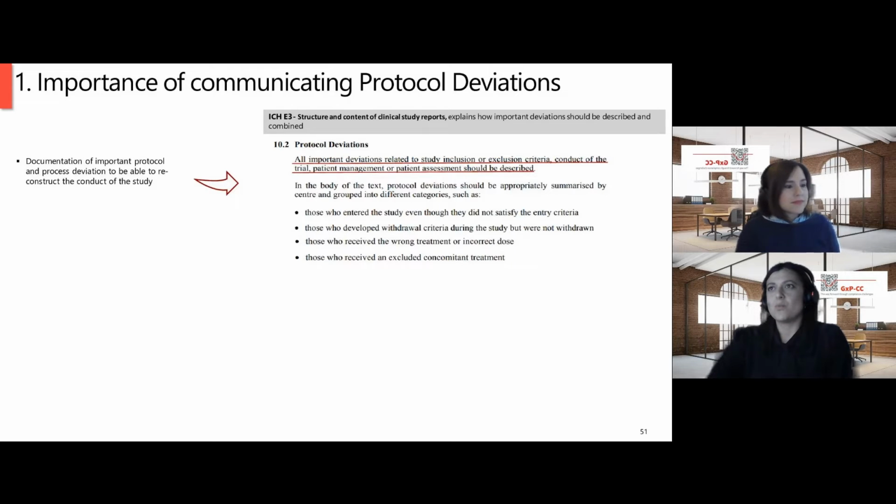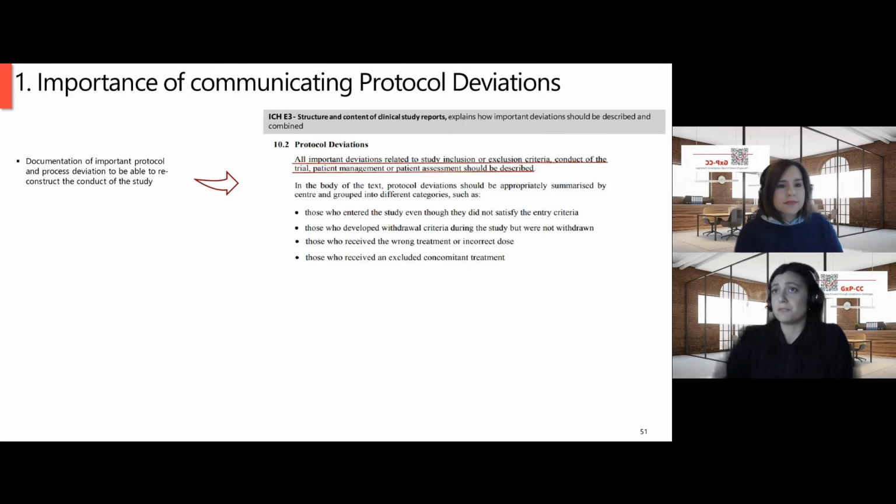The first one is from ICH E3, the guideline for structure and content of clinical study reports, which explains that important protocol and even process deviations should be documented in a way that the inspector, when reviewing them, should be able to reconstruct the whole conduct of the study.